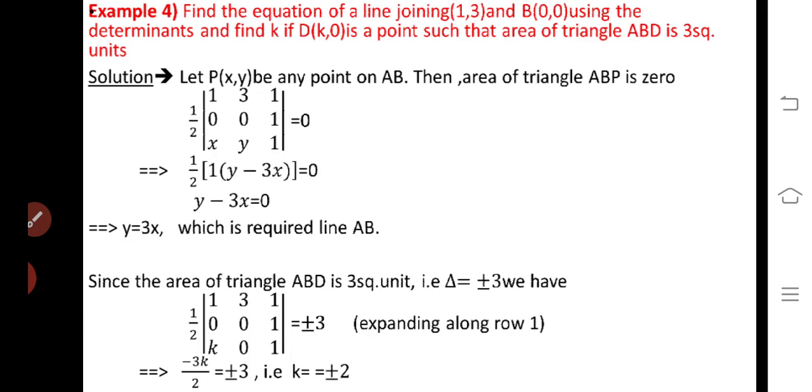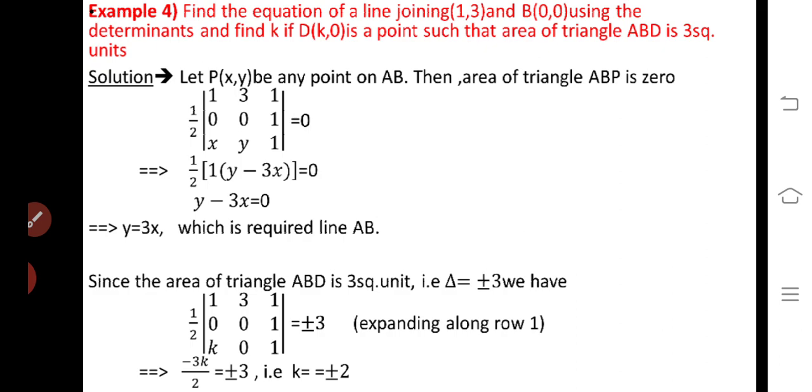Find the equation of the line joining the points A(1, 3), B(0, 0) using the determinant, and find the value of k if D(k, 0) is a point such that the area of triangle ABD is 3 square units. Students, read the question 2 times.